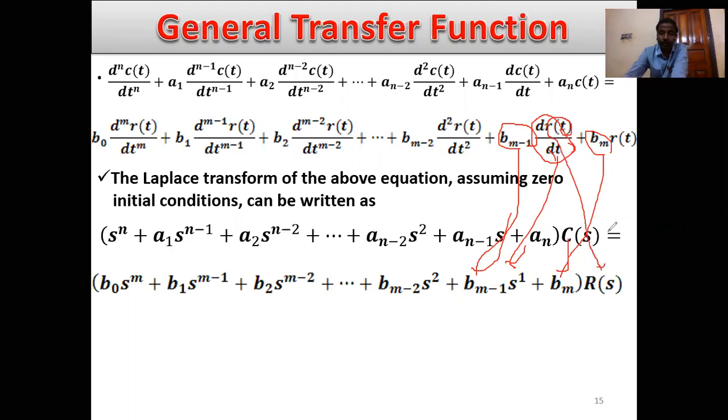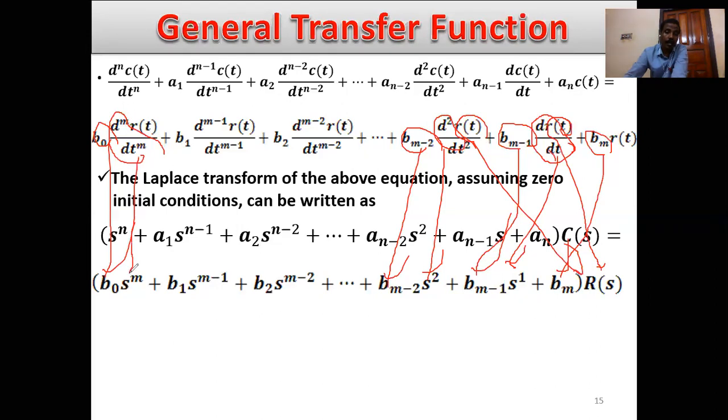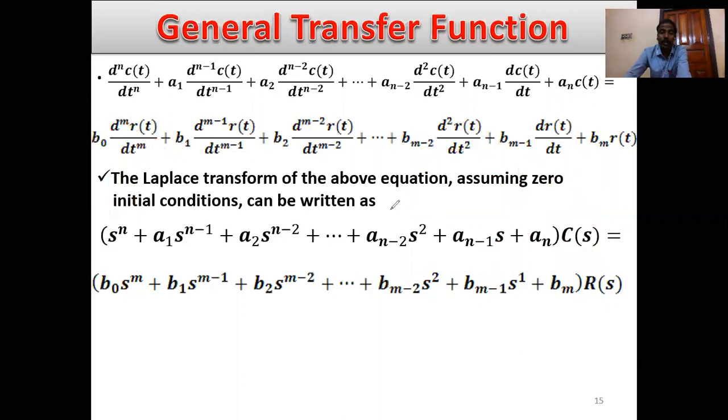Similarly, for the second part, this is equivalent to S square, and this section is a constant part, and this r(t) is equivalent to R(S). Similarly, B0 is the constant part, and d to the power m by dt^m is equivalent to s to the power m. So this is the Laplace form of the differential equation.